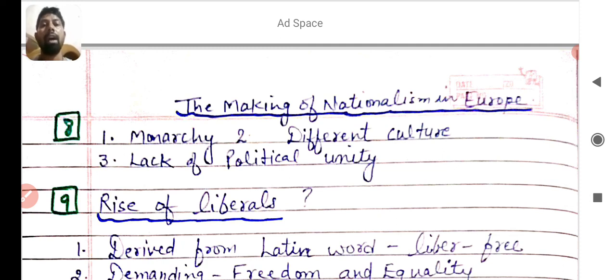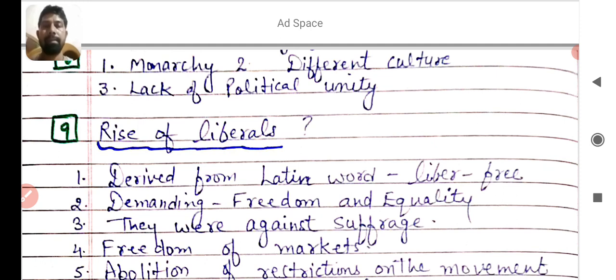Next is the rise of liberals. After that, who increased nationalism in Europe? Liberals increased nationalism in Europe. Now you will learn firstly what the meaning of liberals is. The word liberal is derived from the Latin word liber, and it means free.